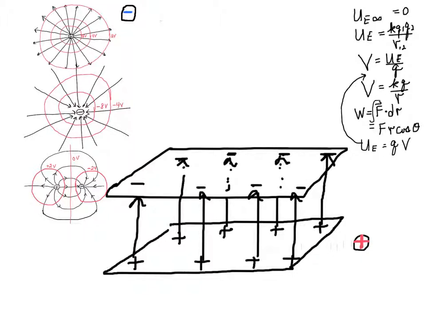If this is 6 volts, there'd be a 5 volt, a 4 volt, a 3 volt, a 2 volt, a 1 volt, and this would be 0 volts. So visualize plates or surfaces, flat surfaces of equal potential, equally spaced between in this charge arrangement.